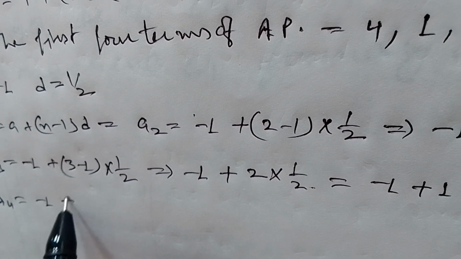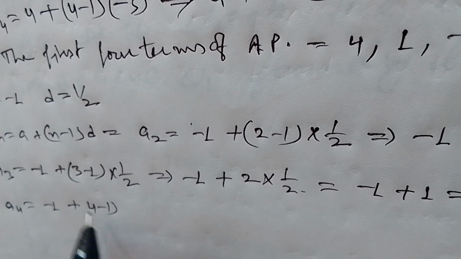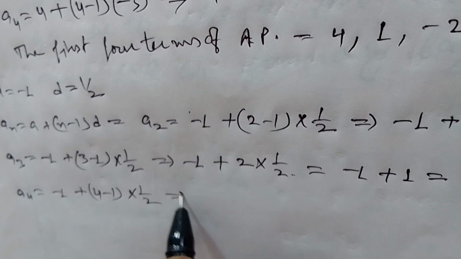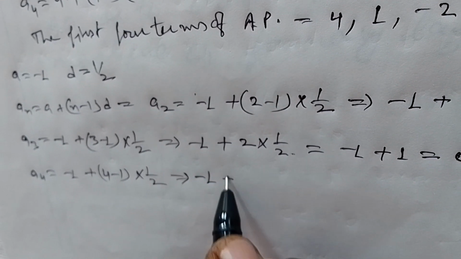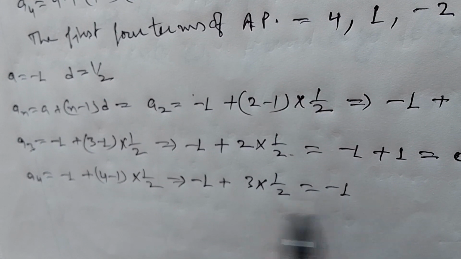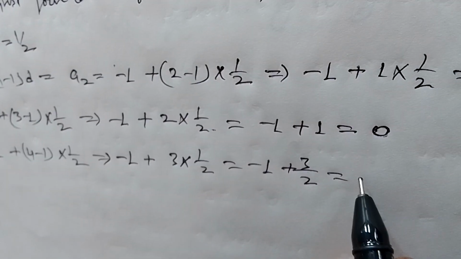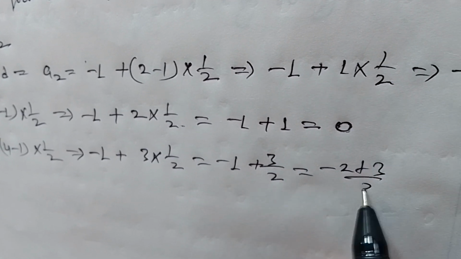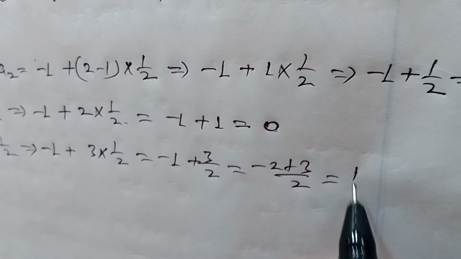Then a4 is minus 1 plus 4 minus 1 multiplied by half. That is minus 1 plus 3 multiplied by half. That comes out to be minus 1 plus 3 by 2. It comes out to be minus 2 plus 3 divided by 2. It comes out to be 1 by 2.